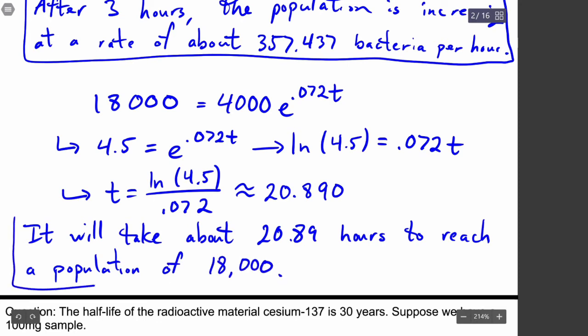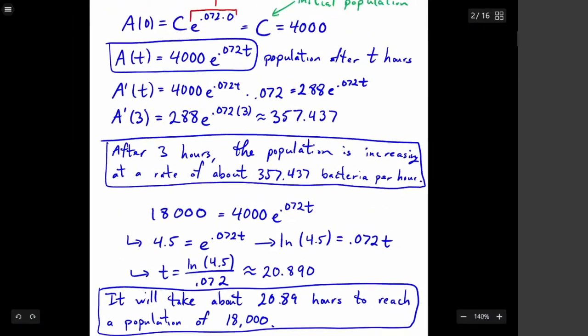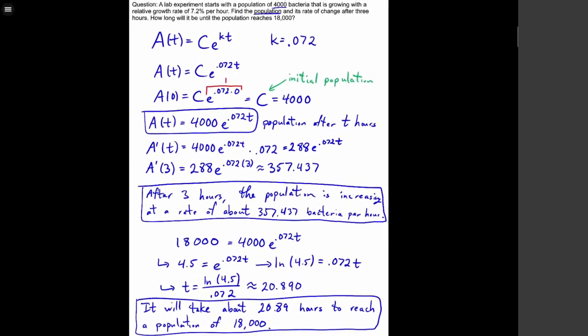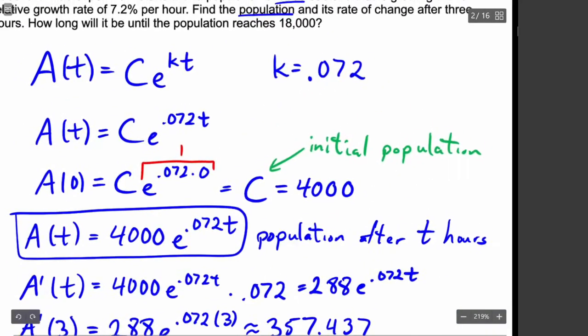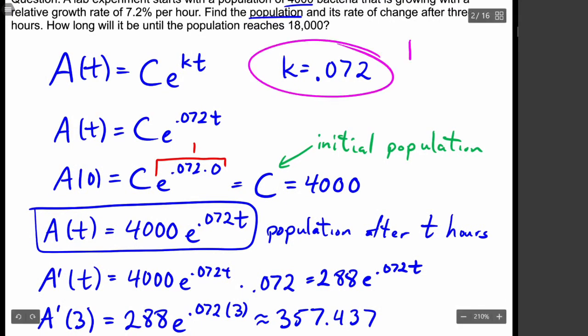And that's the answer to the final part. So this here is an example of what we call exponential growth. Here, the quantity we're measuring is growing over time, and that growth is reflected in the value of k. If k is positive, this means growth.